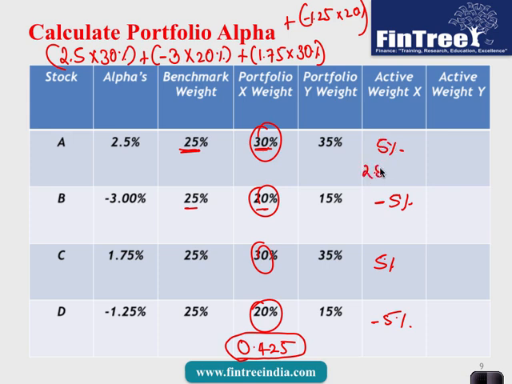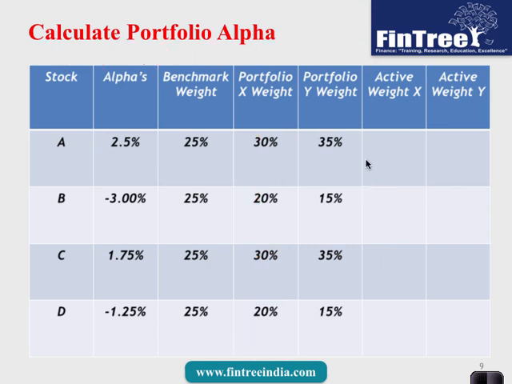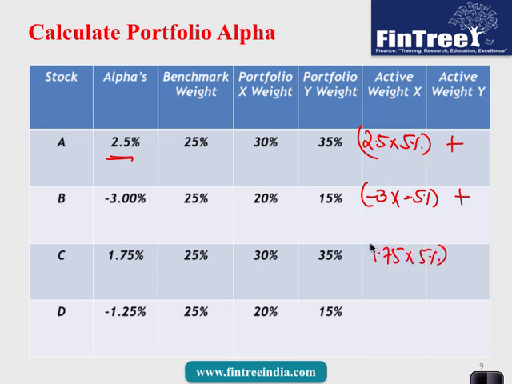So we will say 2.5 into 5% plus minus 3 into minus 5% plus 1.75 into 5% plus minus 1.25 into minus 5%.